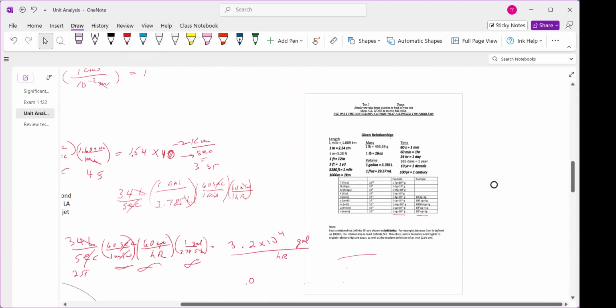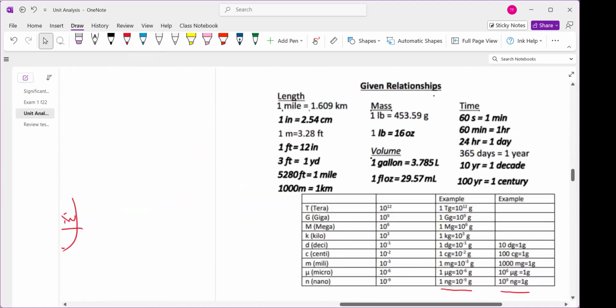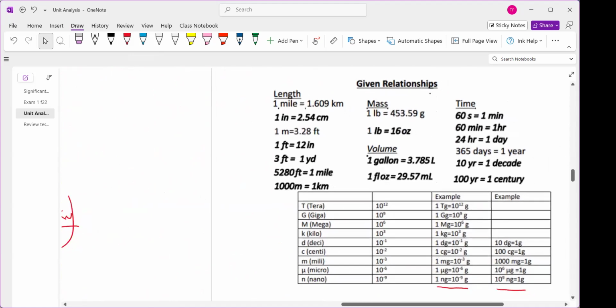We need an intermediate step here. What's the intermediate step? There's probably meters to feet.